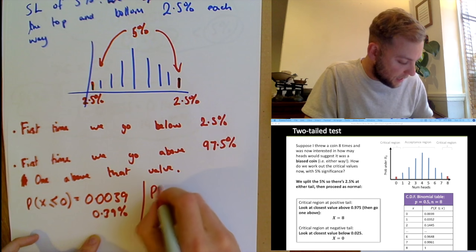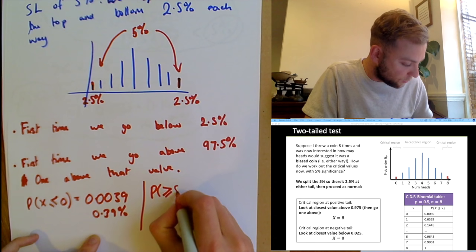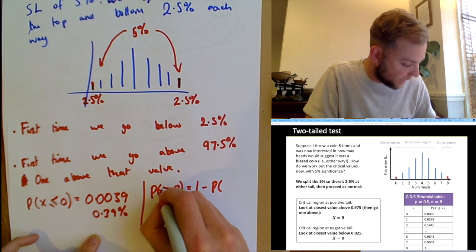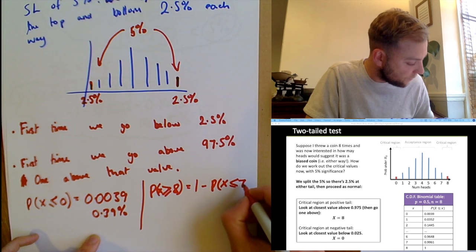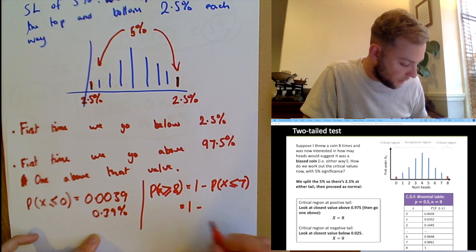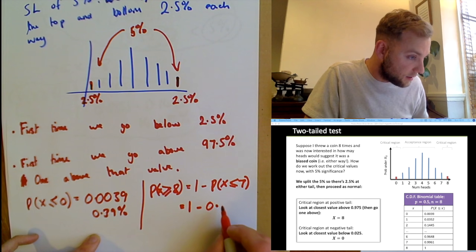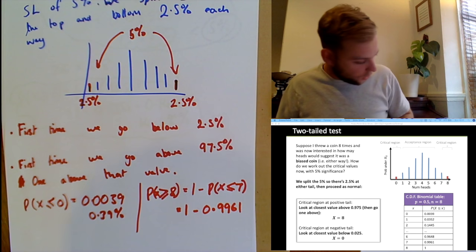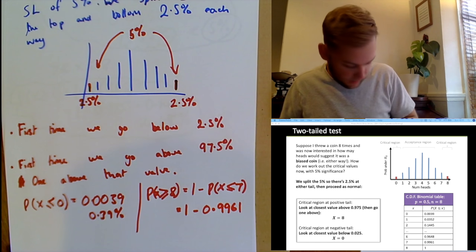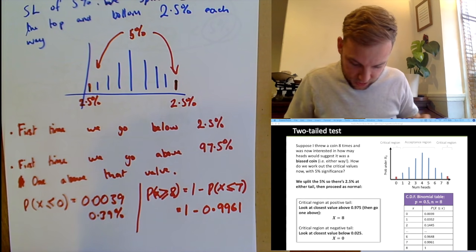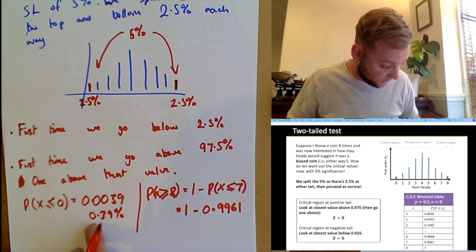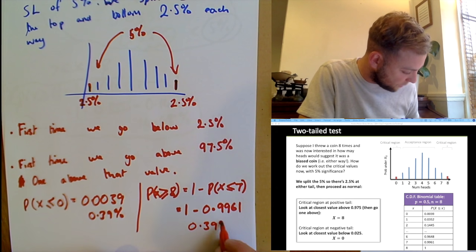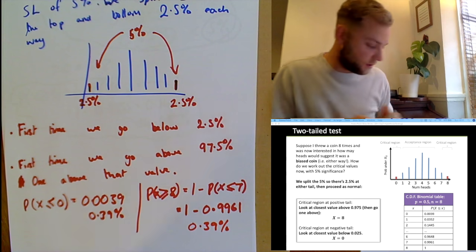So the probability of being greater than or equal to 8 is equal to 1 minus the probability of x being less than or equal to 7, which is equal to 1 minus 0.9961, which is really small. I think that similar to this, it's the same, which is also 0.39%. So these are our two extreme values.